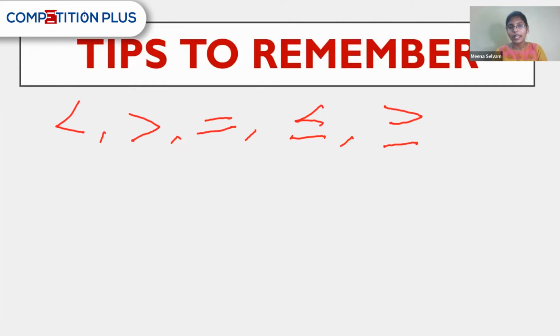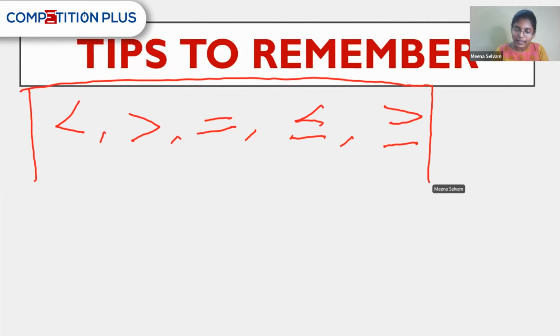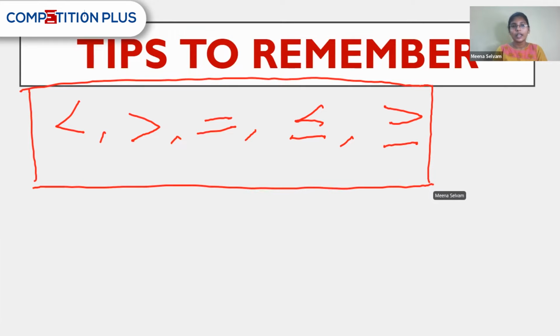So these are the 5 basic symbols which you will use in this topic. They are nothing but what you have learned in your small grades from your schooling. These symbols are very much familiar to you. This is what we are going to see here in this topic.